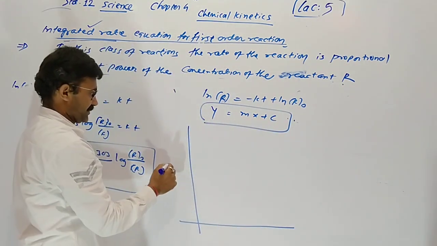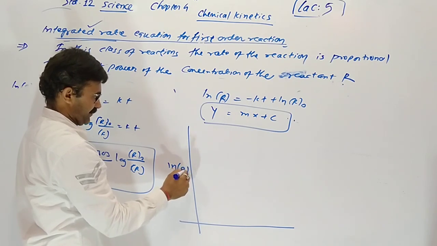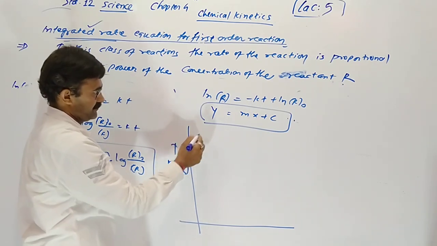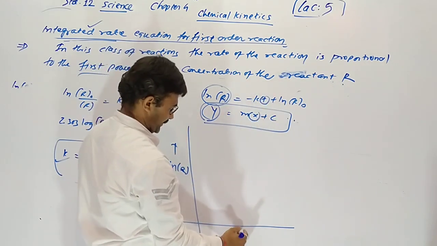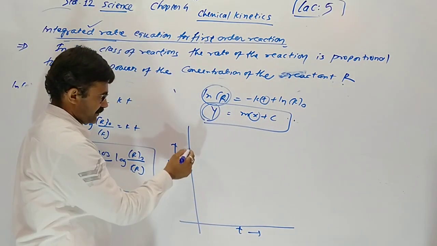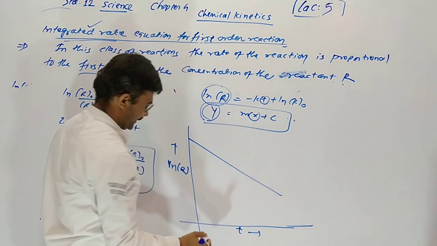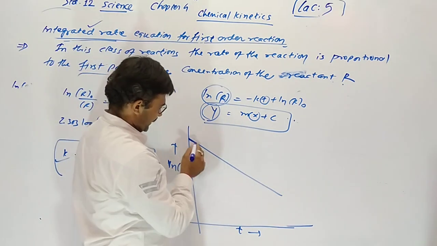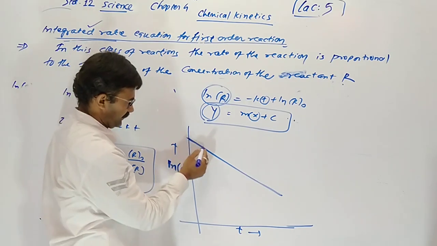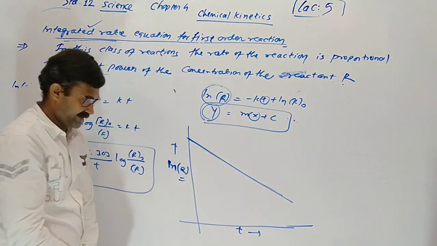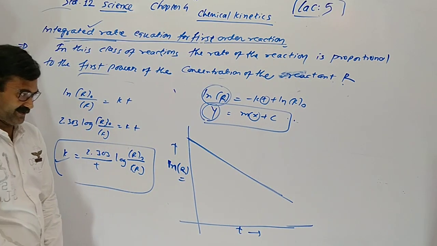So on y-axis ln R, on x-axis time. So graph will be decreasing. With passing the time, concentration R decreases, so value of ln R decreases. So we get decreasing straight line.